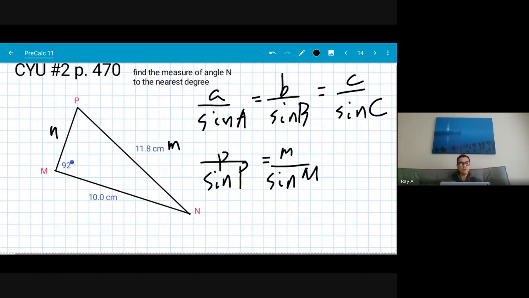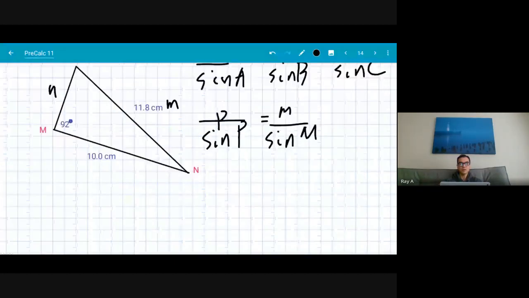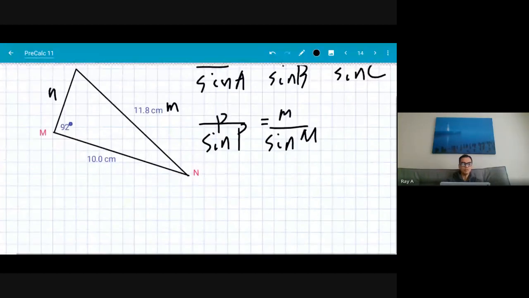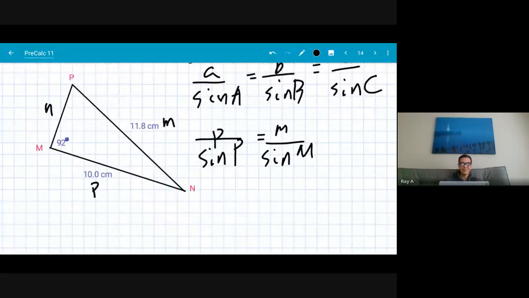Do we have little p? Bear with me here, I'm a little tired. Little p is 10 over sine of P. What is P? We don't know yet. Take it easy, we'll get there.